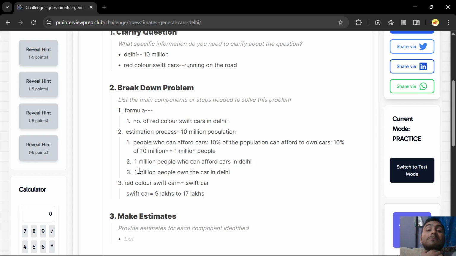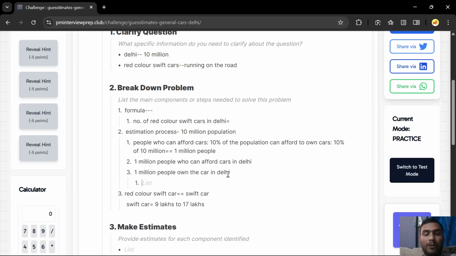Now, based on the Swift car, we will again do the breakdown of those cars. What kind of cars do they own? Out of 1 million people, kind of car. By kind of cars, we mean the price segment of the car.